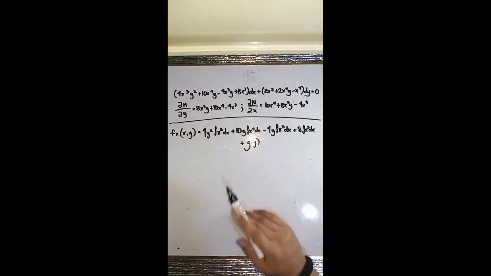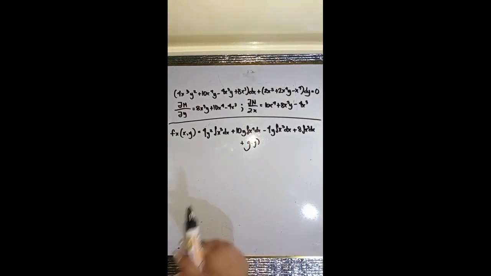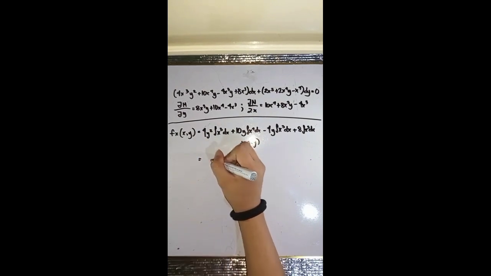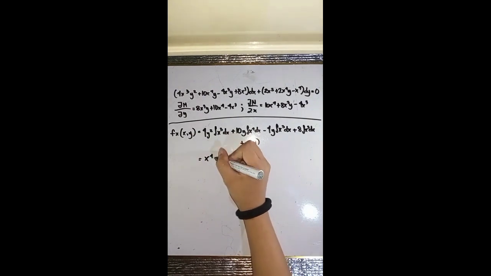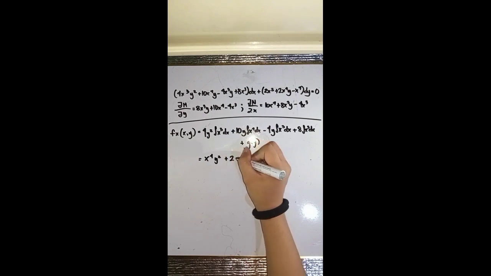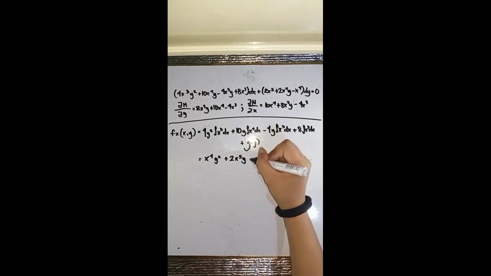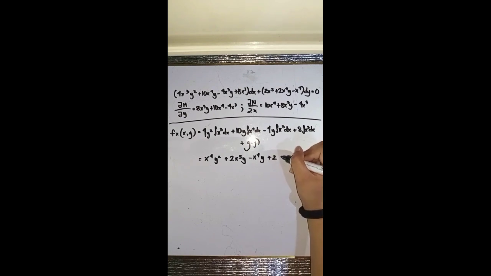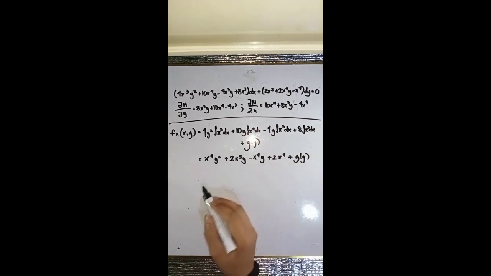So we're going to solve for this. 4y squared integral of x cubed dx will be x to the fourth y squared, plus 10y integral of x to the fourth dx will become 2x to the fifth y, plus minus 4y integral of x cubed dx will become minus x to the fourth y, plus 8 integral of x cubed dx will become 2x to the fourth, plus the generic function g of y.